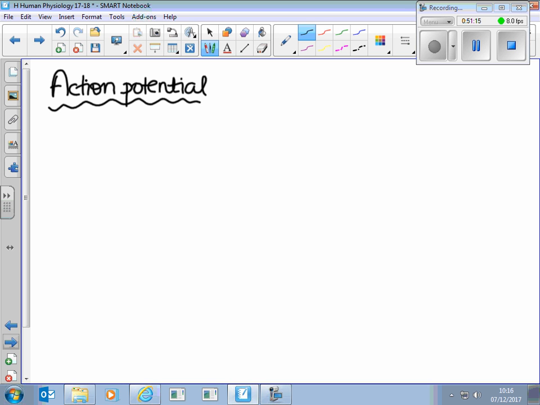Now, that level is sometimes also called the liminal level. So if a stimulus doesn't reach a threshold level, how might we describe it? You'll know the word. Threshold level is also known as the liminal.